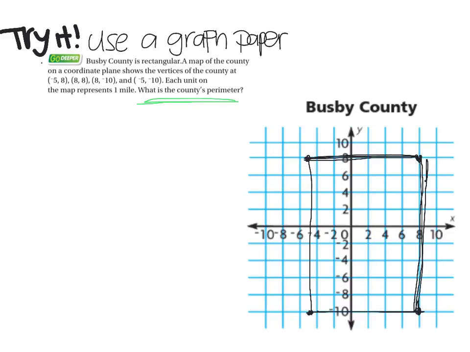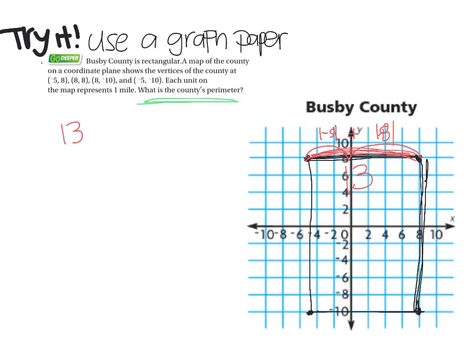So I'm going to use the distance that I was able to do in my last lesson to find the perimeter. So I know that -5 to 0 is going to be the absolute value of -5 plus the absolute value of 8. So this distance here is going to be 13 units. I'm just going to add those up over here.